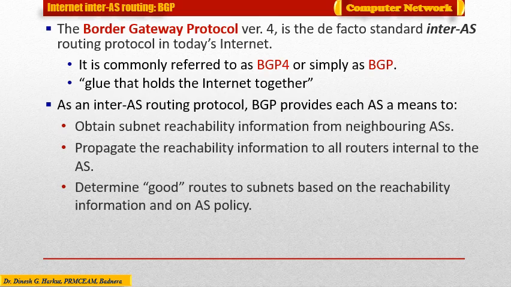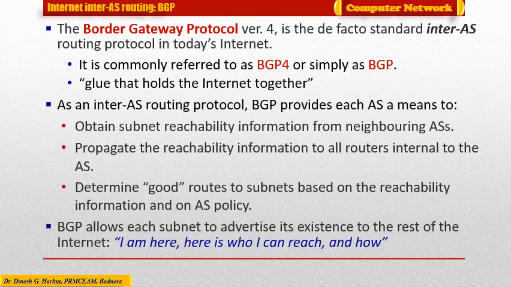Most importantly, BGP allows each subnet to advertise its existence to the rest of the internet. A subnet shouts like, I exist and I am here, and BGP makes sure that all the autonomous systems in the internet know about the subnet and how to get there.